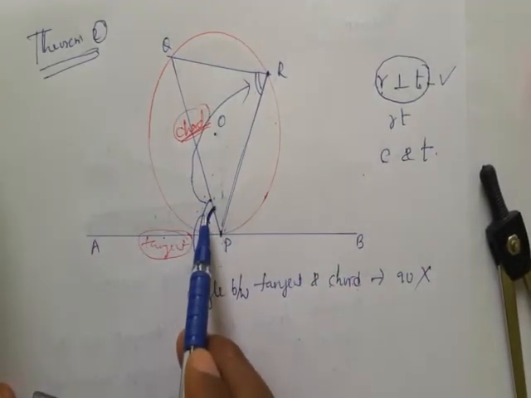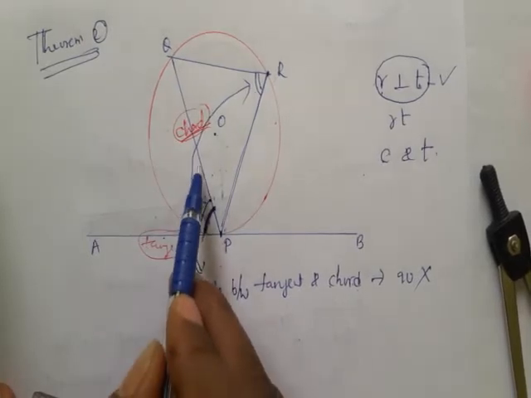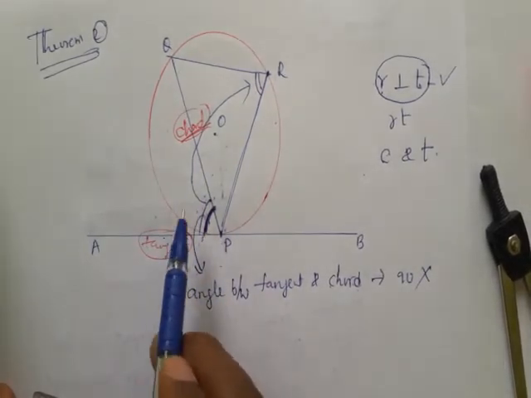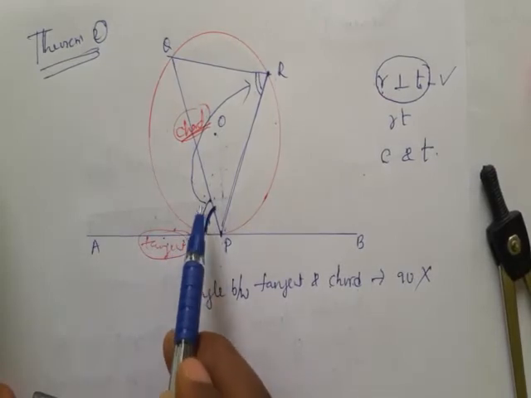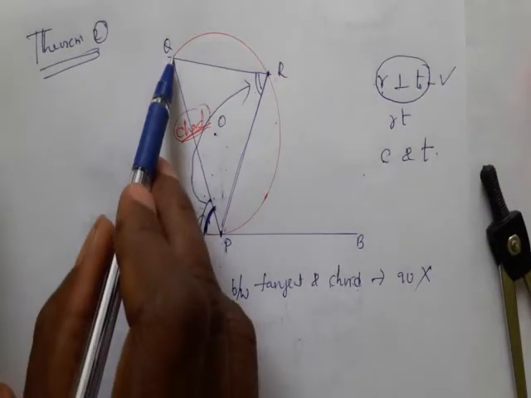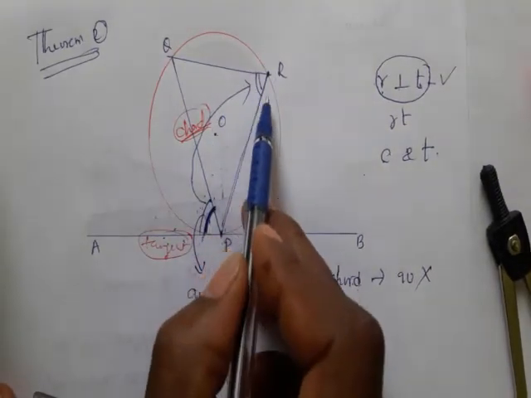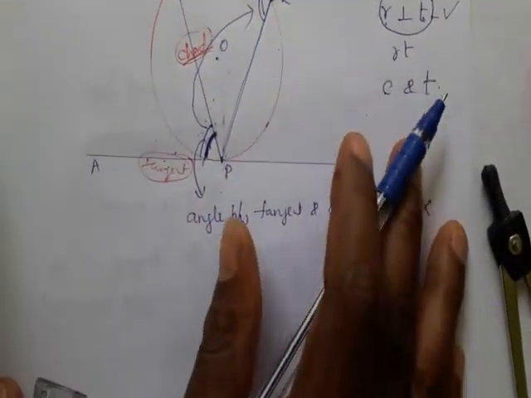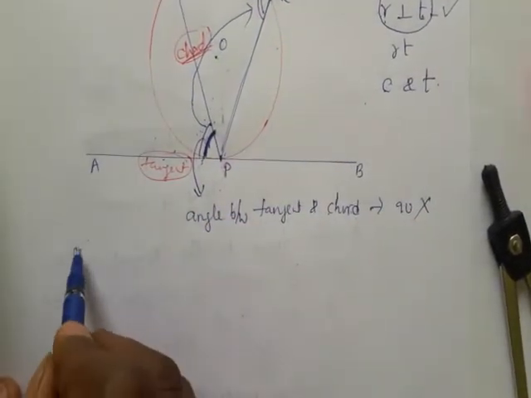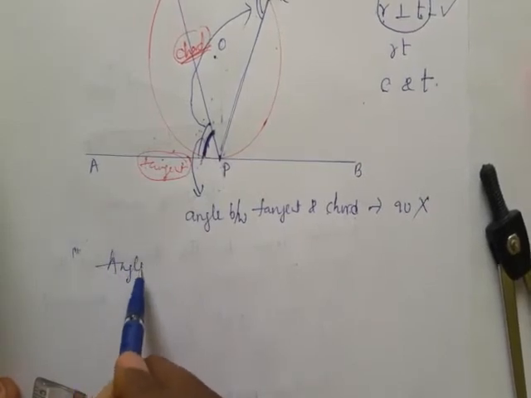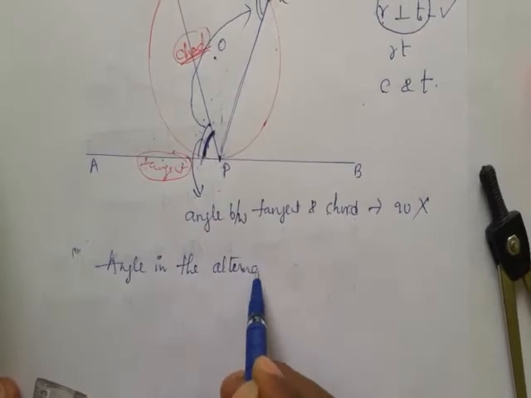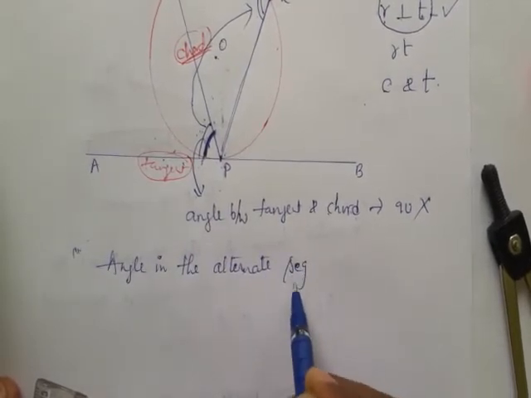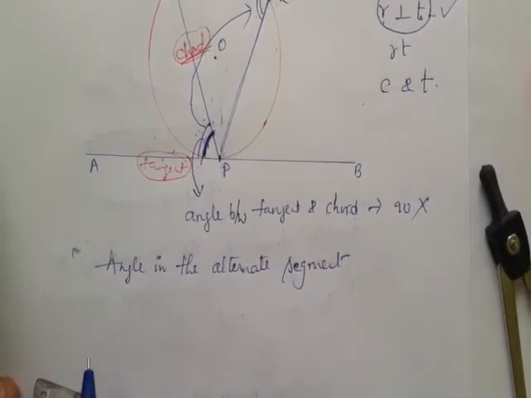So this angle is between the PQ chord and AP tangent. When that angle is unknown, it will be equal to the angle standing on the circumference above the same PQ chord. This statement is given by the angle in the alternate segment.